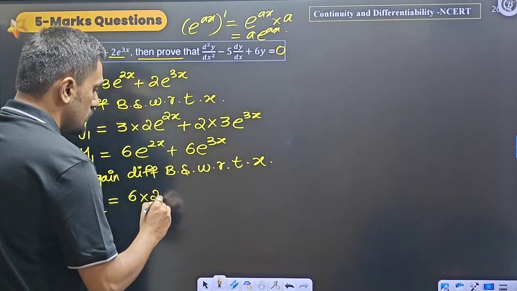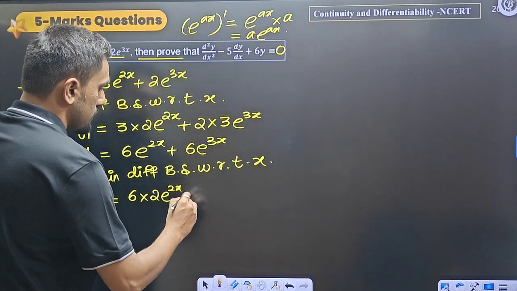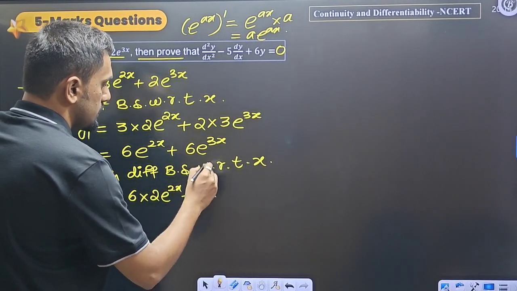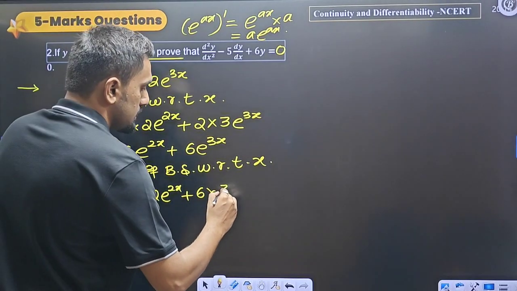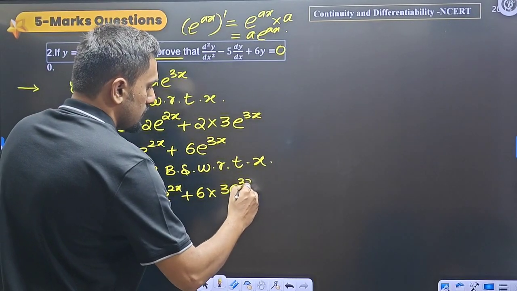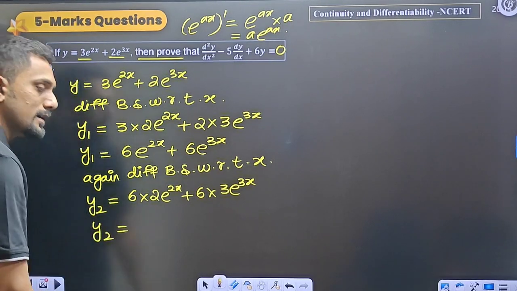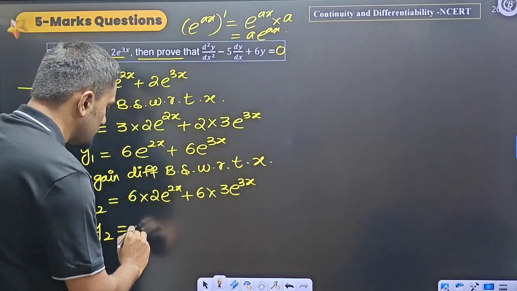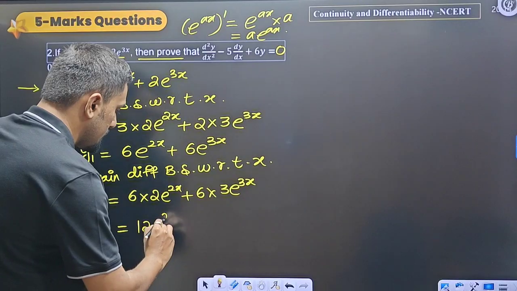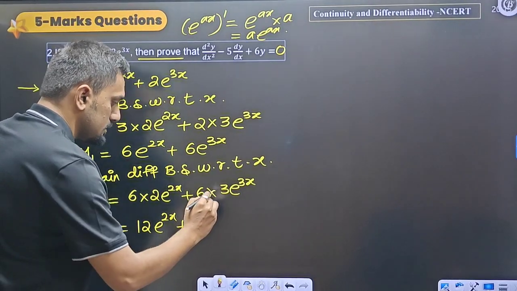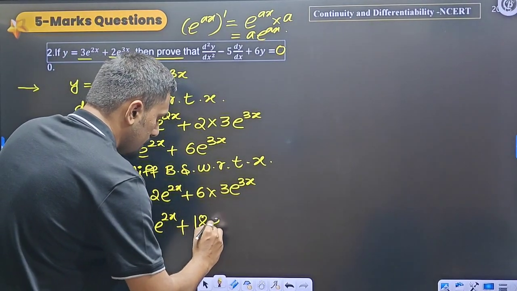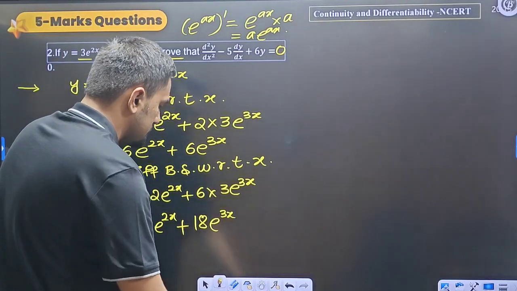Again 2 into e raised to the power 2x plus 6 as it is into derivative of e power 3x is 3 into e raised to the power 3x. So y2 or d square y by dx square is equals to 6 into 2 will be 12 e raised to the power 2x plus 6 3s are 18 e raised to the power 3x.